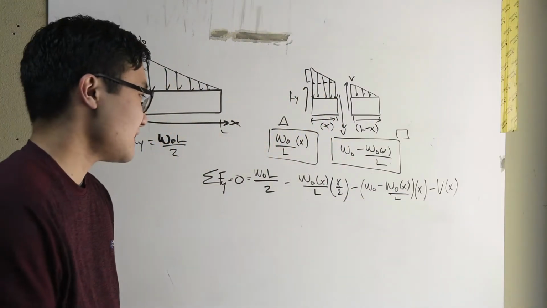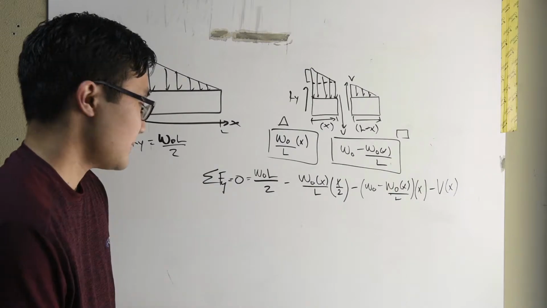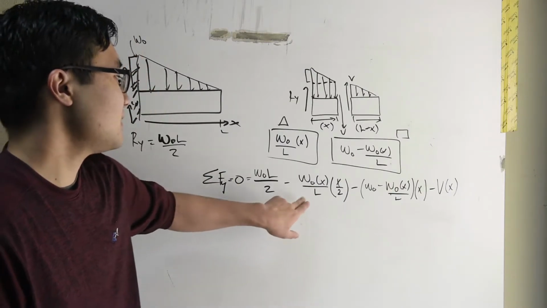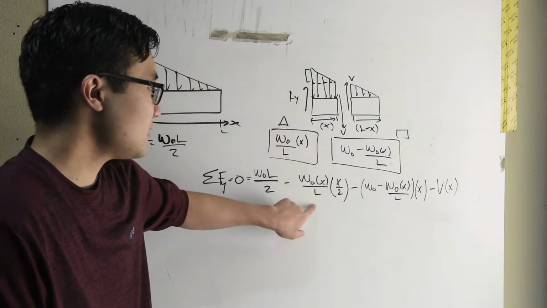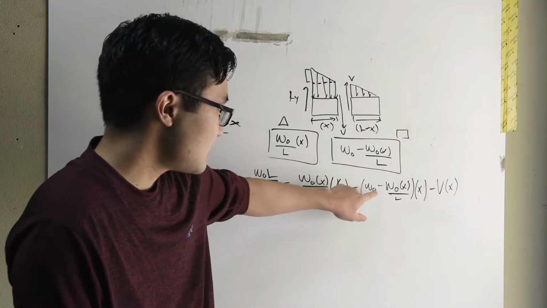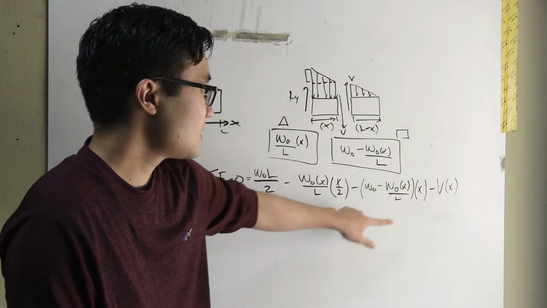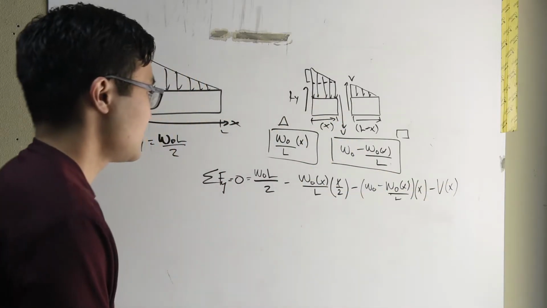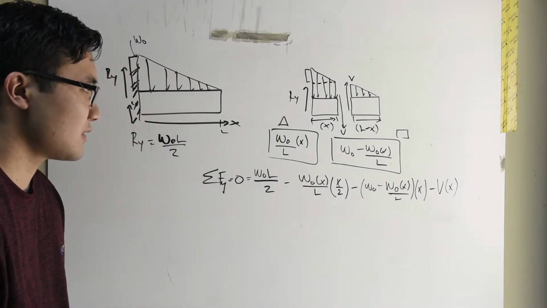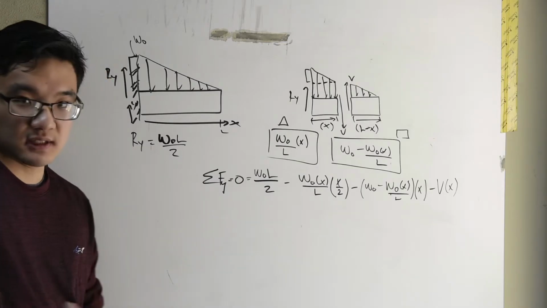There's a lot of stuff happening there. But have we accounted for everything? Here's the reaction force in y, positive, minus the triangle, minus the sum of the force of the rectangle, minus V of x. So now we solve for V of x, we distribute our x over 2 in x terms, and let's see what we get.